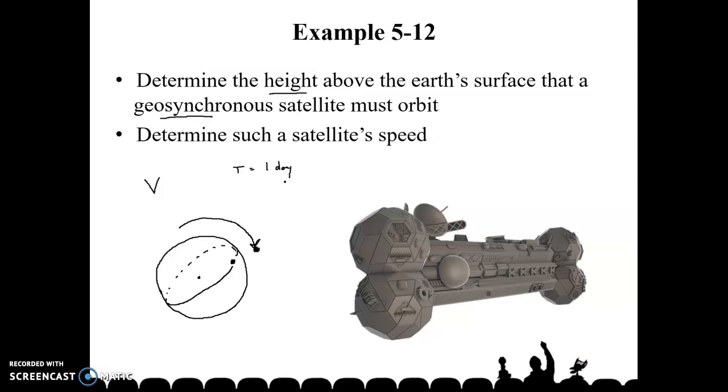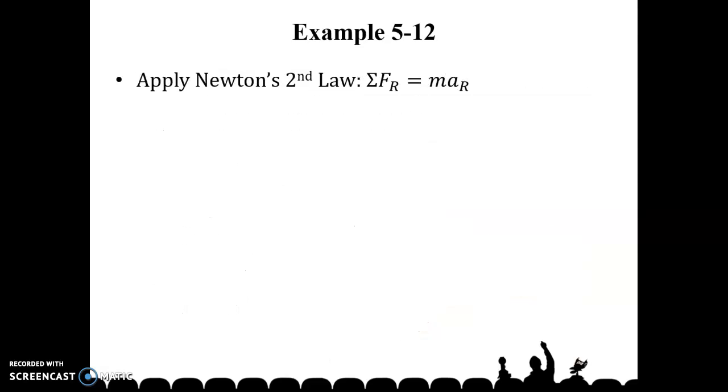So the frequency is 1 revolution per day. So we want to know how high above the Earth it needs to be. The height is going to determine the r in the equation. Let's get into it here, and perhaps you'll see what I'm talking about.